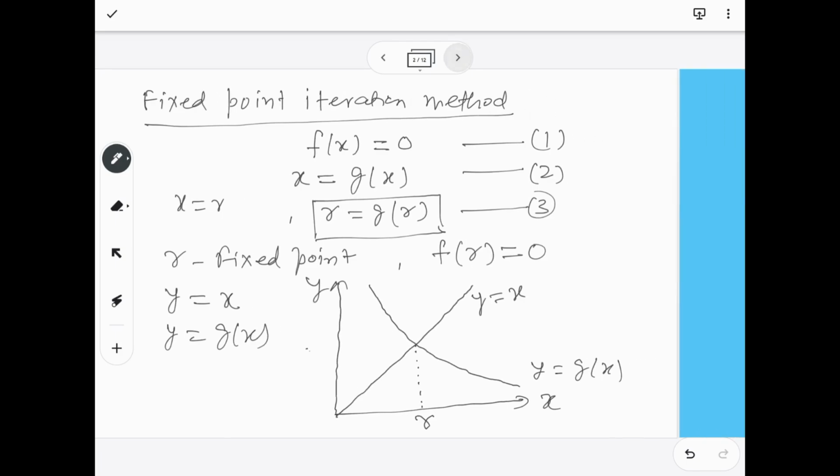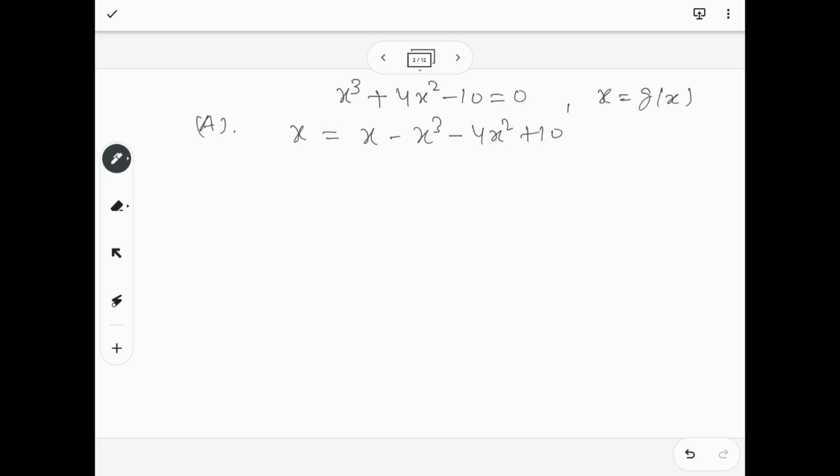Now with one example, we will see how we can write an equation in the form x equal to g. So let us consider one equation x cube plus 4x square minus 10 equal to 0, and we have to write this equation in x equal to g form. Now there are multiple ways to do it. One is x equal to x minus x cube minus 4x square plus 10.